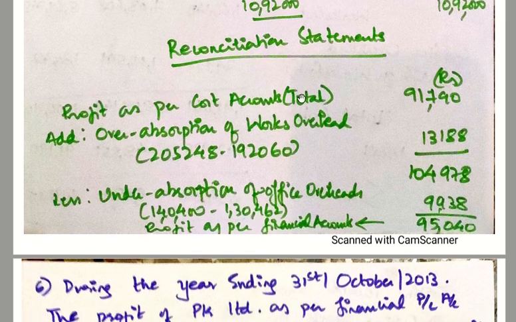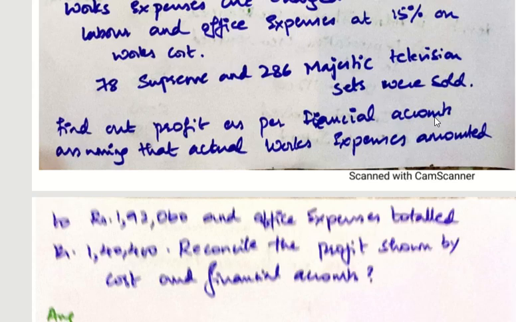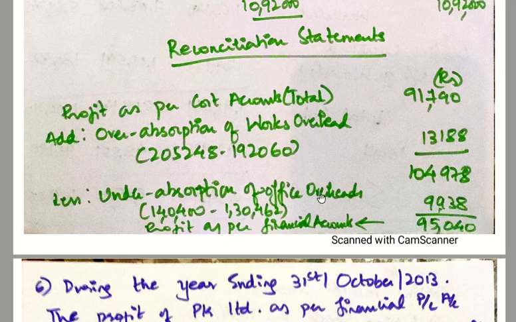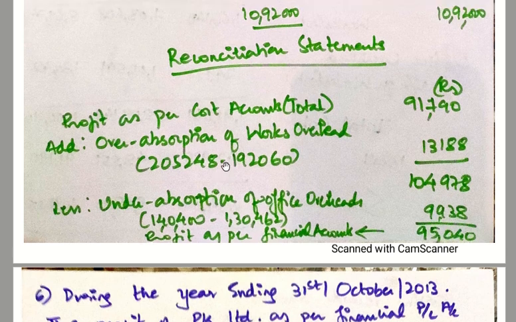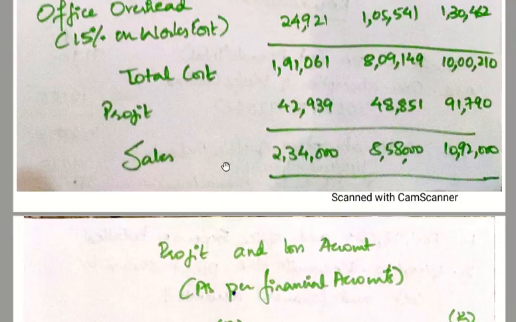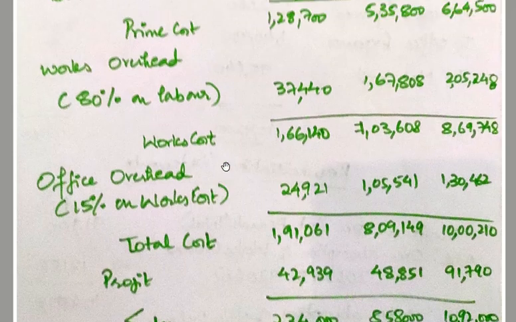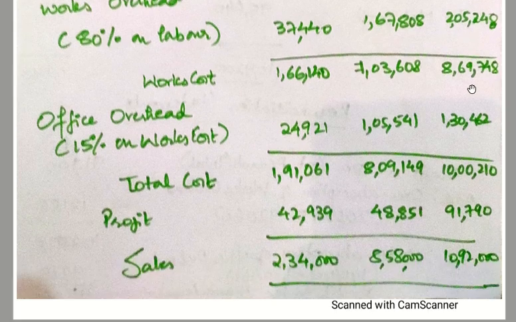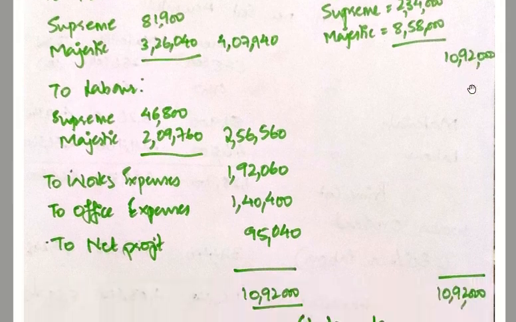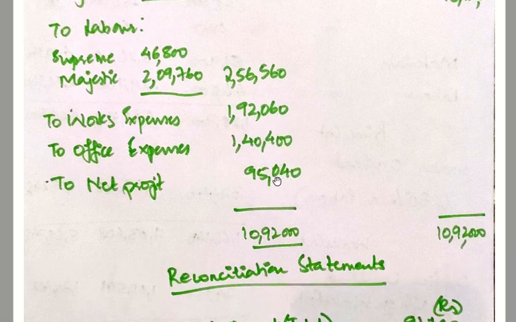So reconciliation statement, profit as per cost account, which is 91,790. So if you see, the works overhead and office overheads are differences showing between cost accounts and financial account. In cost account, works overhead is 37,440 for Supreme and 1,67,880, whereas in financial account, works expenses is 1,92,060.